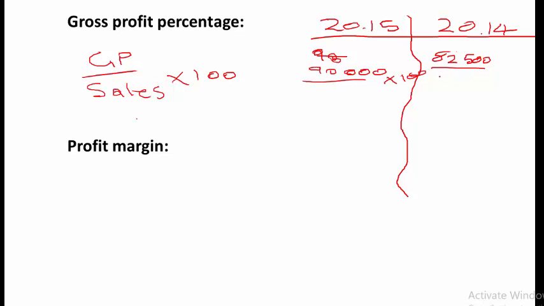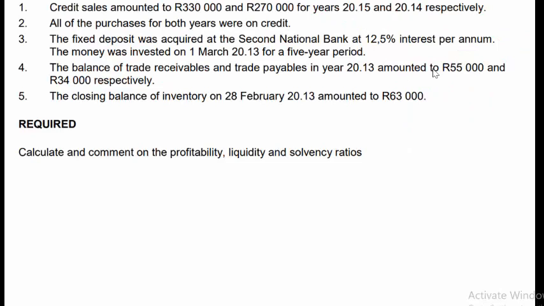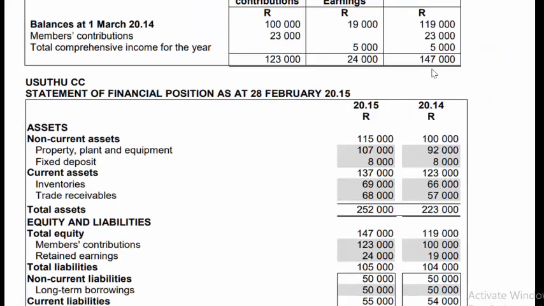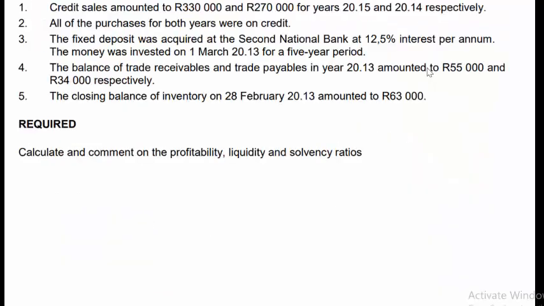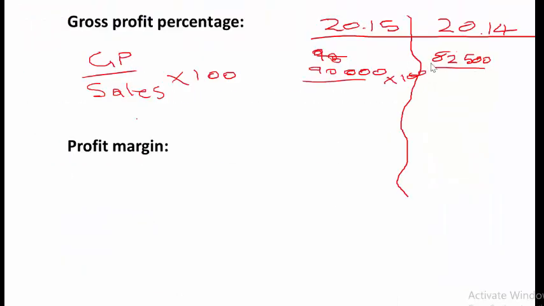For sales, we need to ensure that we understand the concept of sales. Are they talking about only credit sales, or are they talking about credit sales as well as cash sales? So let's go up. You do have your sales in total, which are revenue, 360,000 for 2015, 307,500 for 2014. So here they mean all the sales. They're not going to be excluding any part of sales. So let's put in our denominator, which will be the sales amount.